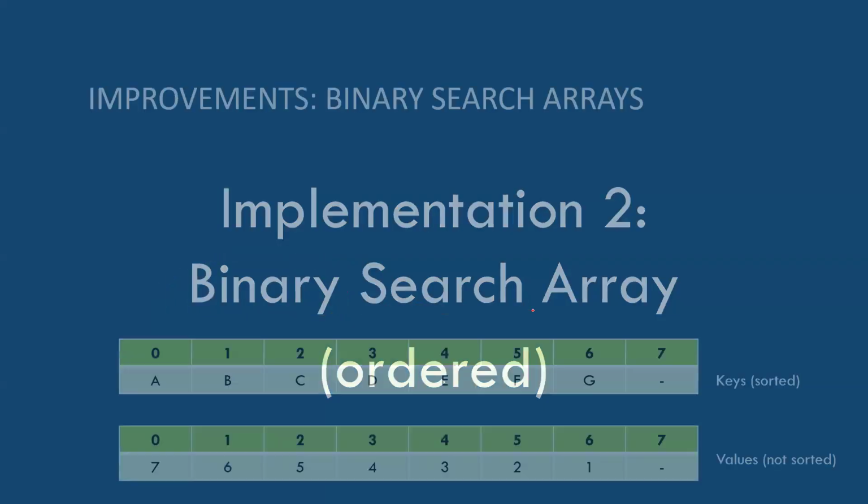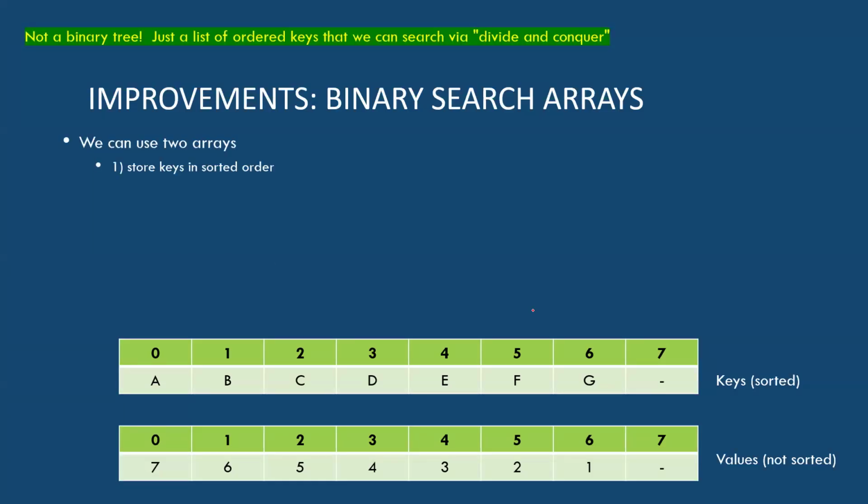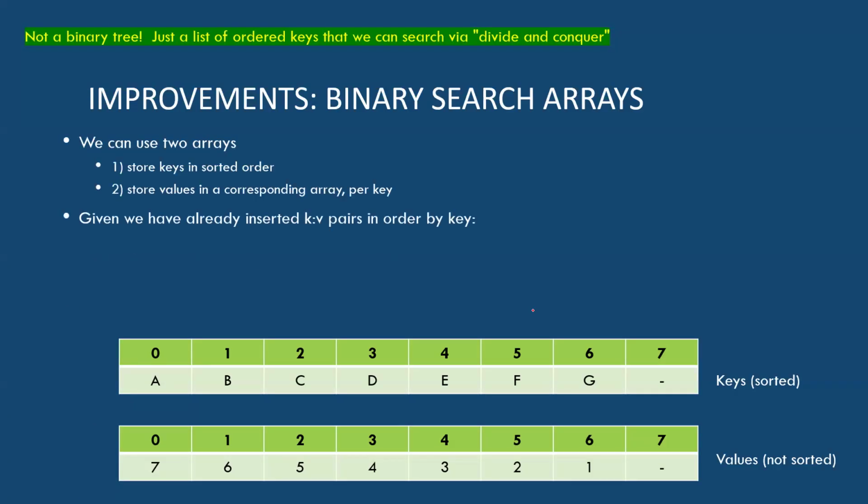That's really all we're saying here. But what we need to do is store these two things in separate arrays, our keys in one array and our corresponding values in another array. Essentially we search for the key first, and once we find the key in a particular location, we know where the value is going to be.